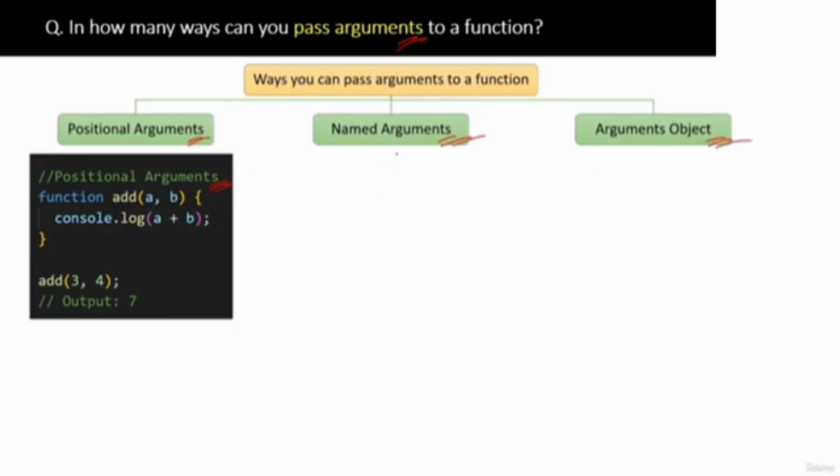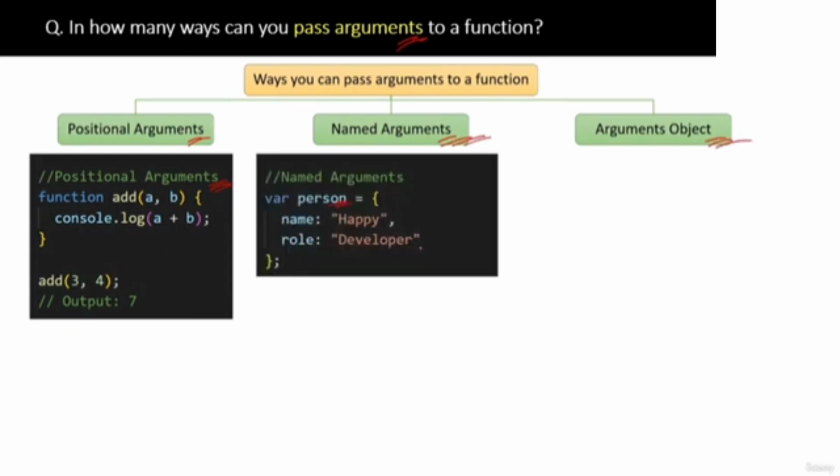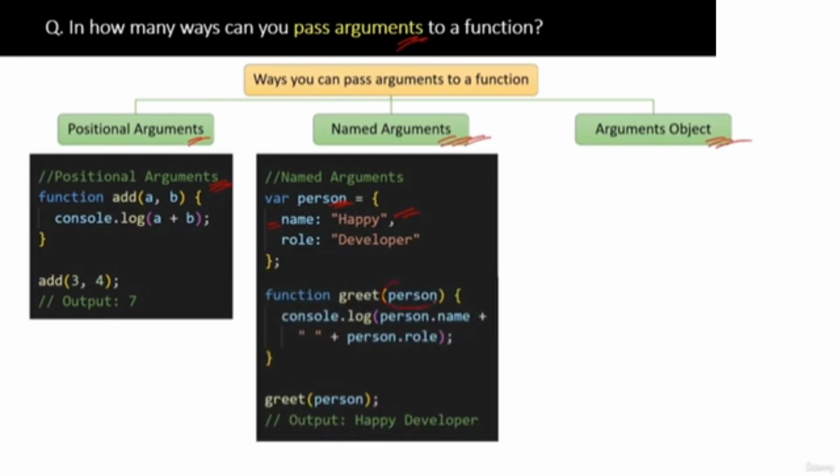In the case of named arguments, suppose we have an object person like this with keys and values. Now, rather than passing the individual keys, we will call the method greet and pass the whole object person. And inside the function, we can get the values of the object like this. This is called named arguments, as we are passing the complete named object at once.